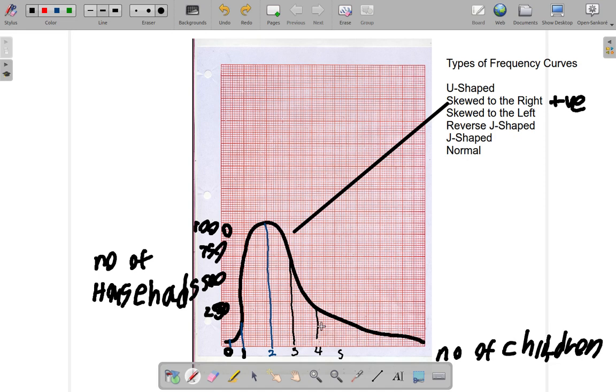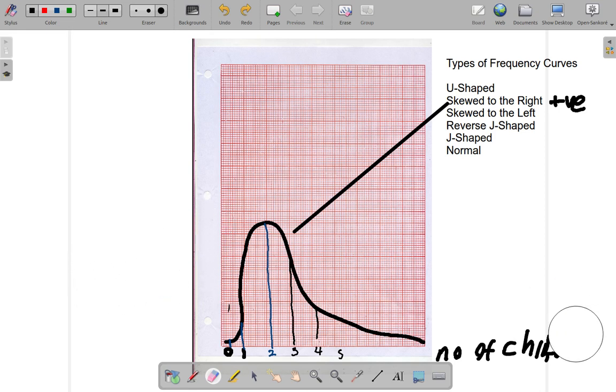Only few families have 5 or more children. Alright, it could be that. Another situation I'm thinking of is that it could be a large number of persons, a large number of students who got a test.